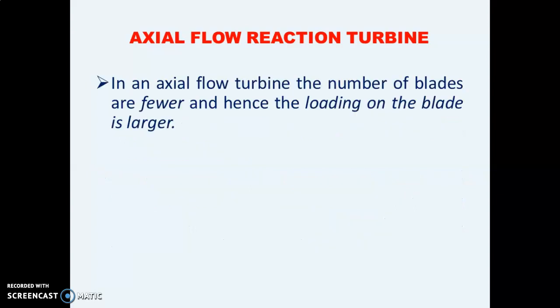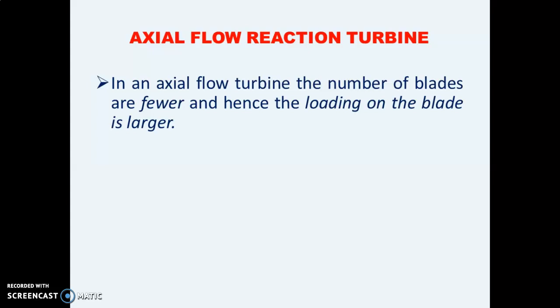Now in an axial flow turbine, the number of blades is fewer and hence the loading on the blade is larger. As compared to the Francis turbine, the mixed flow turbine, the number of blades on the axial flow turbine is fewer. We saw in the Francis turbine, the number of blades was between 16 to 24.